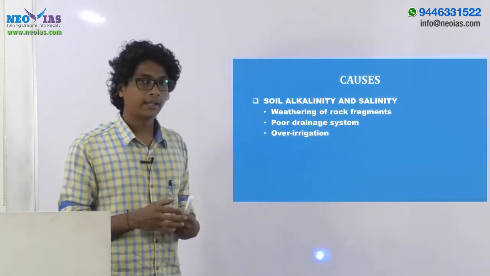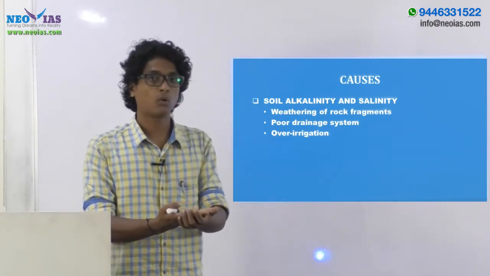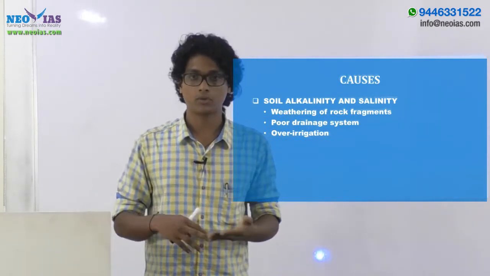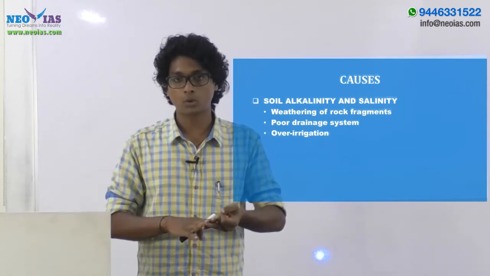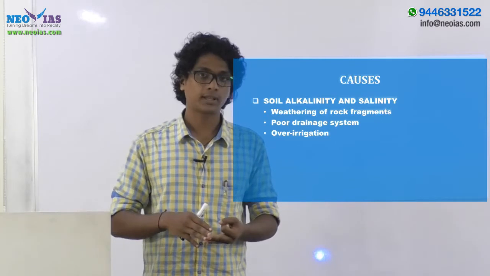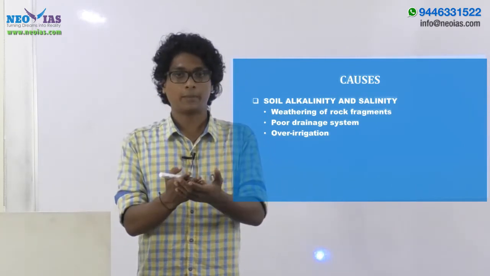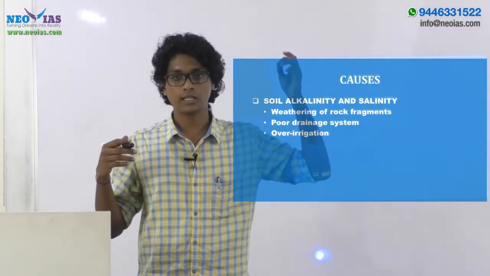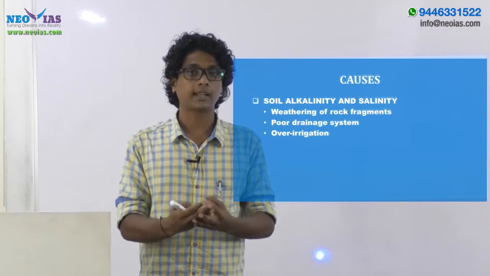Next is soil alkalinity or salinity. Soil alkalinity means the pH value, or simply the soil getting more alkaline or saline in nature. It can happen either through a natural process or through anthropogenic effects. Natural process in the sense that if more weathering takes place in saline rocks, this can increase the salinity of the soil.